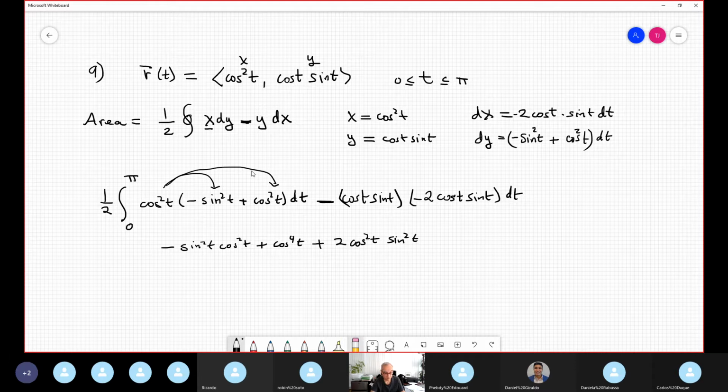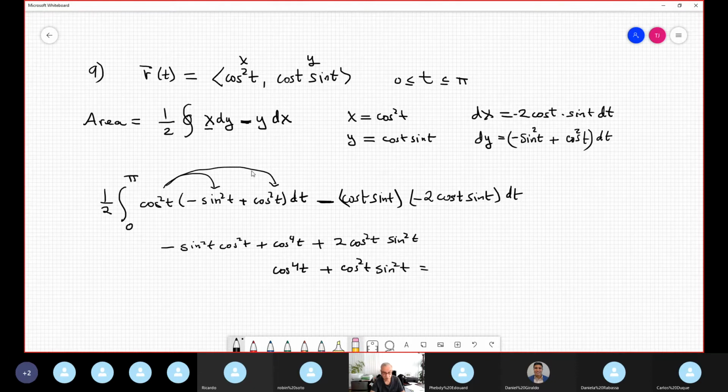I omit the integral because I manipulate algebraically the integrand expression inside the integral. I can see, wow, look at that. 2 minus 1 is 1. So actually we have cosine to the 4th power t plus cosine square t sine square t.